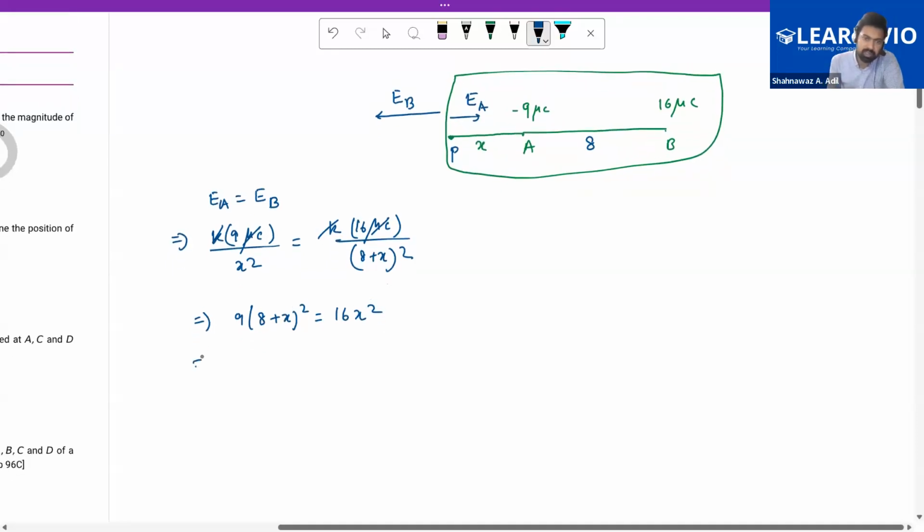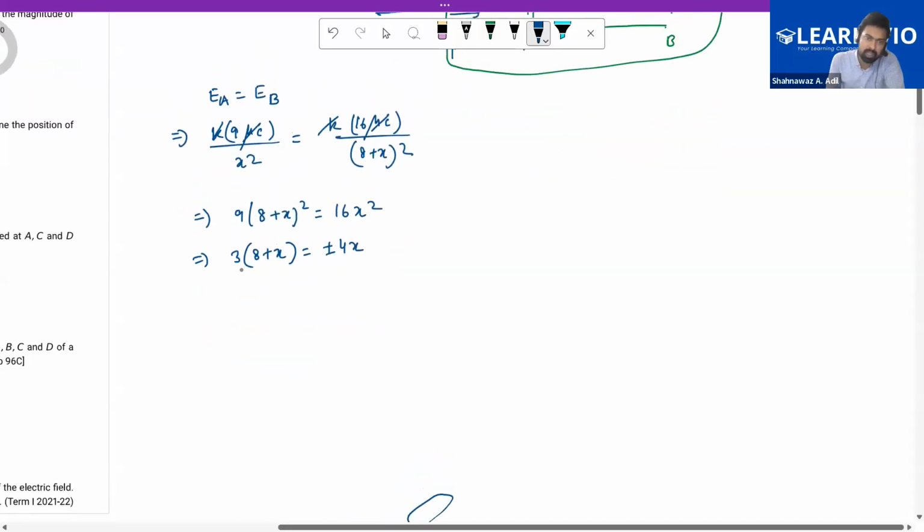So this would be 3 (8 plus X) equals plus minus 4X. So this would be 24 plus 3X equals plus minus 4X. We can take the positive one first, right?